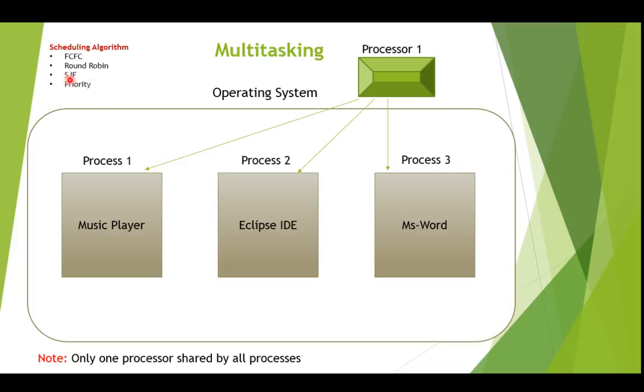And SJF means shortest job first, whichever is the shortest job will be executed first, and priority, it can also assign a priority to the process. So I'll show you the priority.